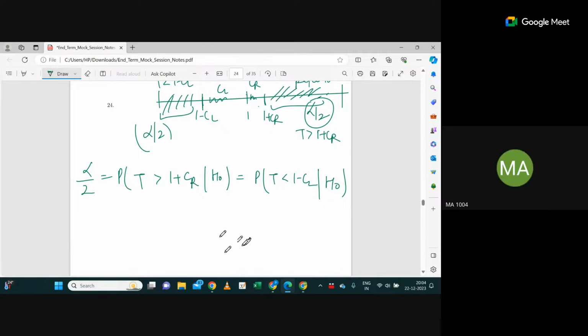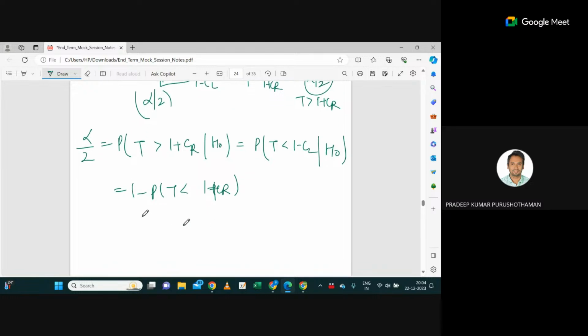Then we take 1 minus F of 1 plus CR equal to alpha by 2, so F of 1 plus CR is 1 minus alpha by 2, and we take the F inverse.